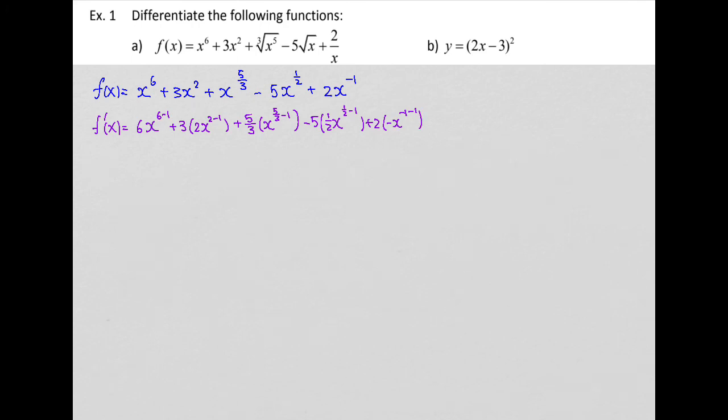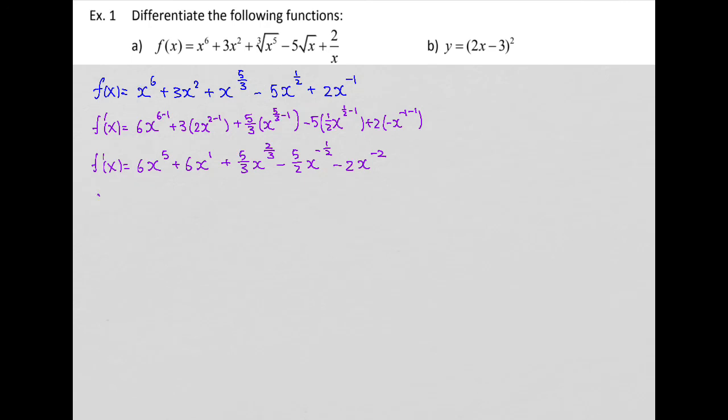Now, let's simplify it. f prime x will be 6 times x to the exponent 5 plus 6x to the exponent 1 plus 5 over 3 x to the exponent 2 over 3 minus 5 over 2 x to the exponent negative 1 over 2 minus 2 x to the exponent negative 2.